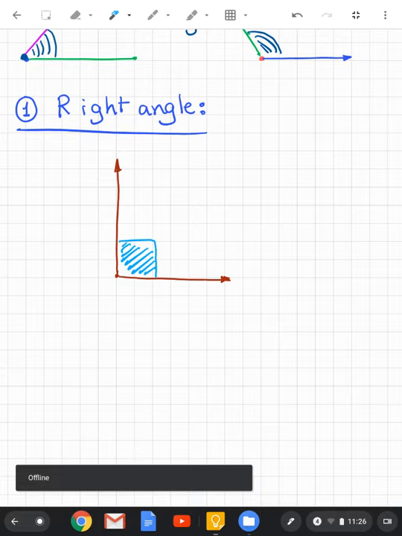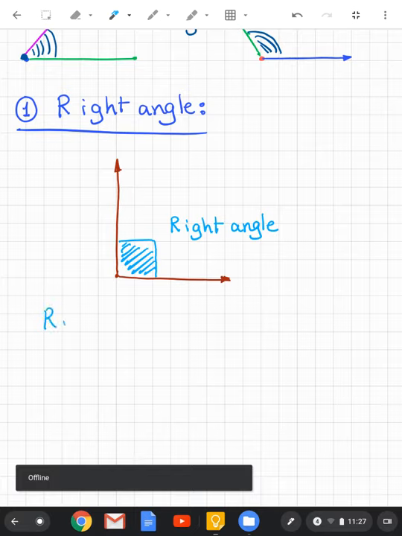So this is the right angle. This is the shape of the right angle. The unit of measuring any angle is the degree, and the right angle's measure is 90 degrees.